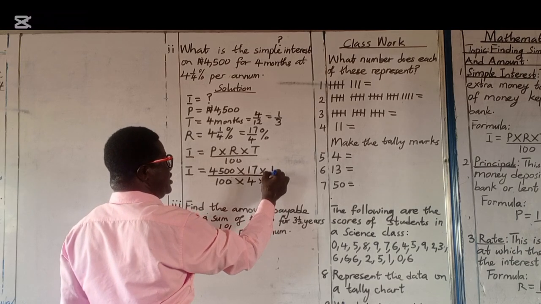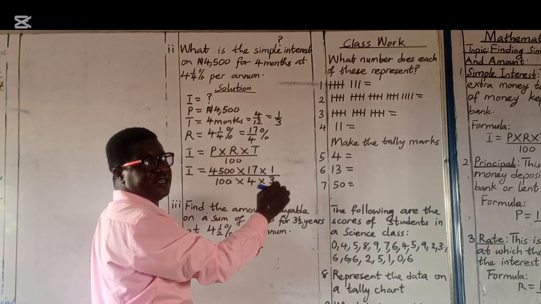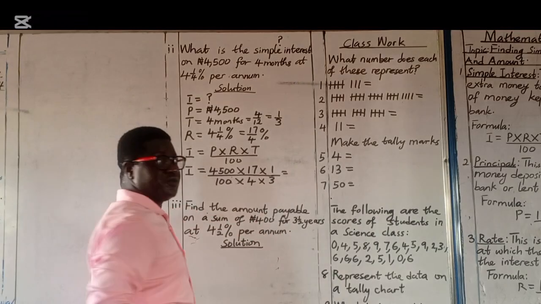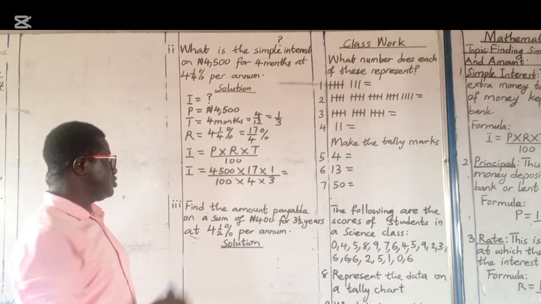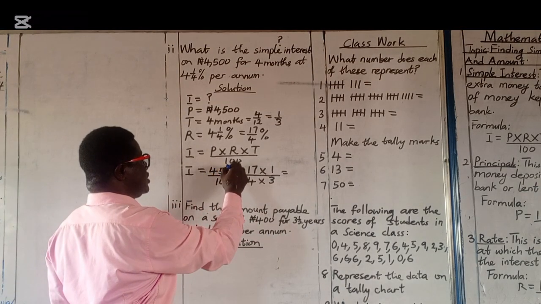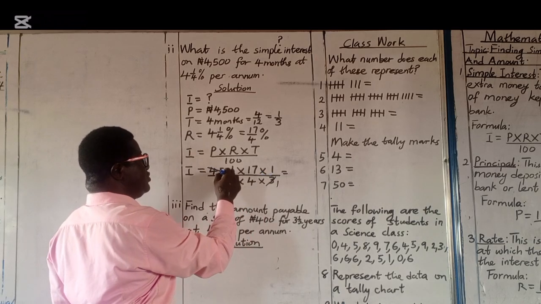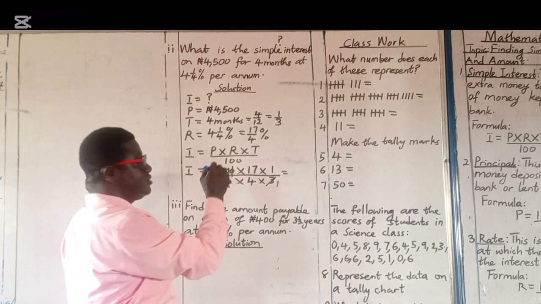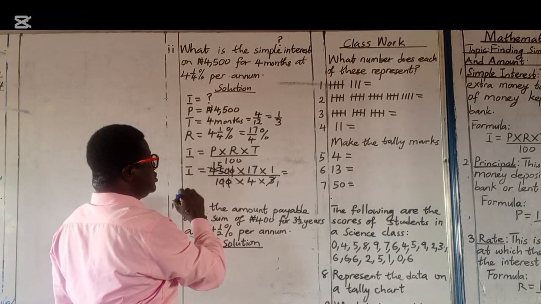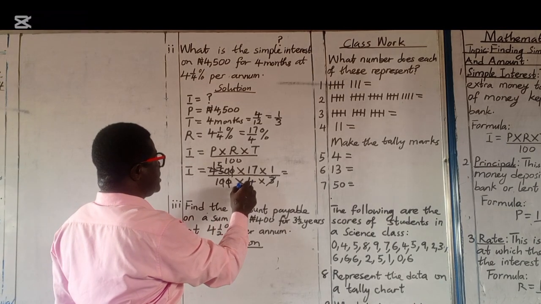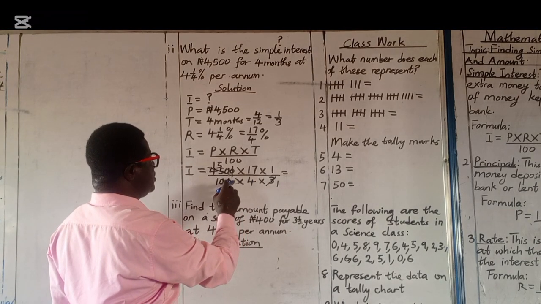I hope that is clear. Yes. That's a very nice concept. So cancel this to 0, cancel this to 0. 3 can go in 45, that's 15, right? Good. So what else can I cancel? Nothing.